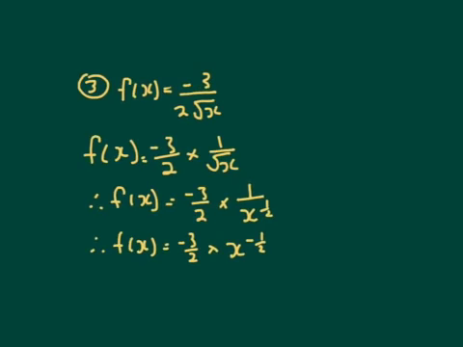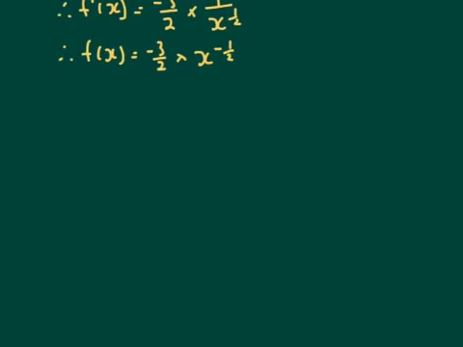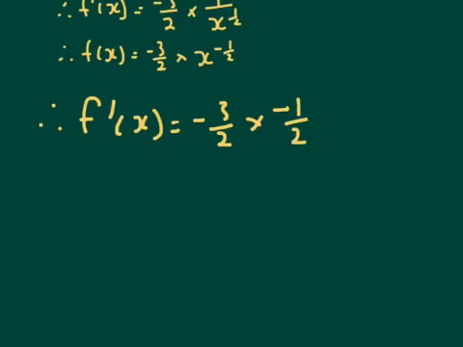Just to give us a bit of extra room, we say therefore f dash x now is equal to minus 3 on 2 times, okay, bring out the index, the negative a half, out to the front, rewrite the x and reduce the index by 1. Okay, so that's a little bit messy, the rest is tidying up. But that is the calculus done.